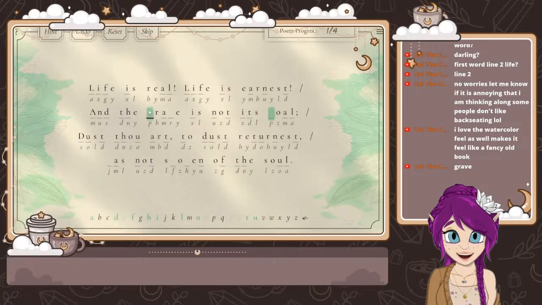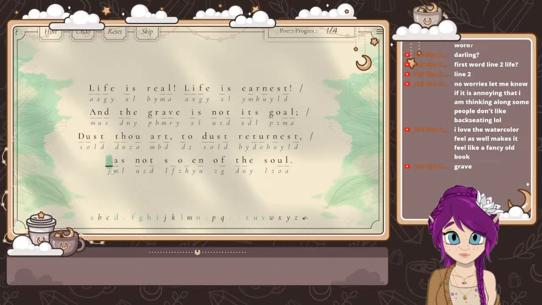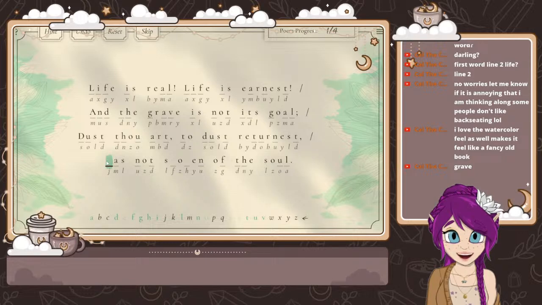Grave. Grave, not grace. Ooh, smart. And the grave is not its goal. Dust thou art to dust returnest. Solum? Was. Yeah, this is was.